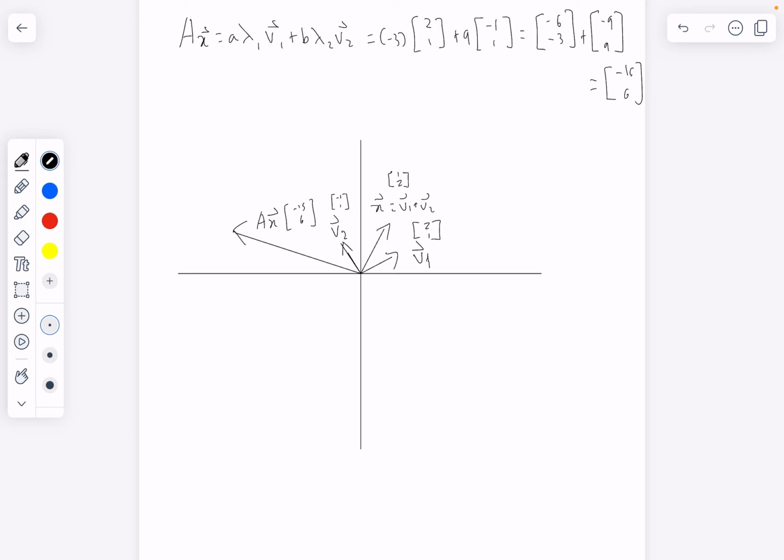The transformation multiplies v1 by negative 3 and v2 by 9, so we get Ax equals negative 3v1 plus 9v2, which equals (negative 15, 6) again. Graphically, this shows us how the x vector stretches and rotates through the eigenbasis. It helps us see how linear transformations affect direction and scale.